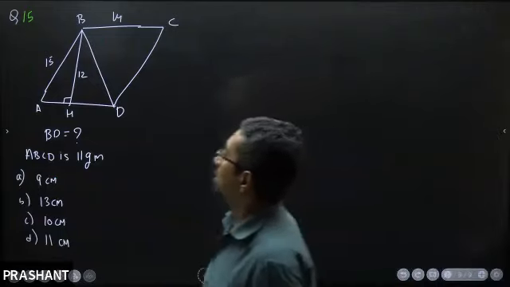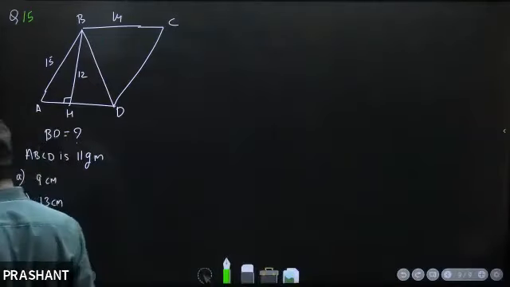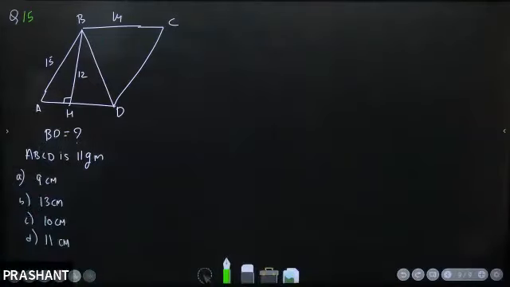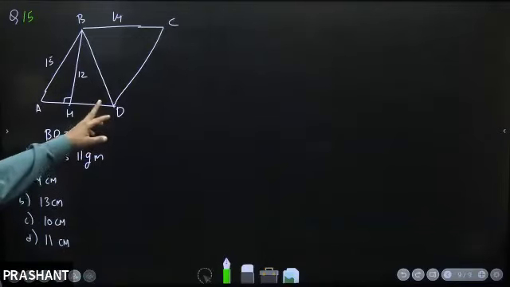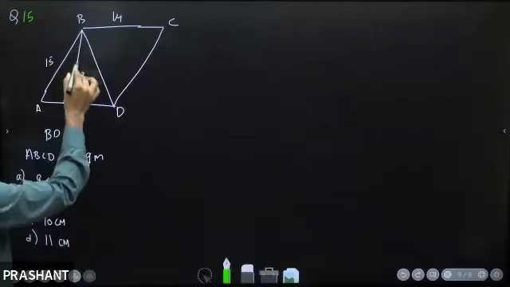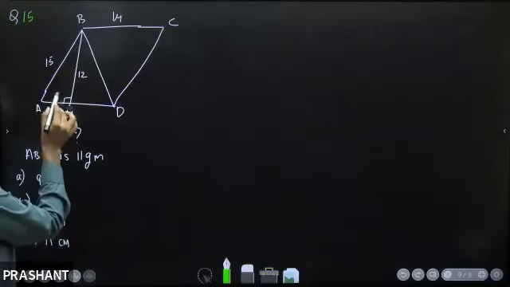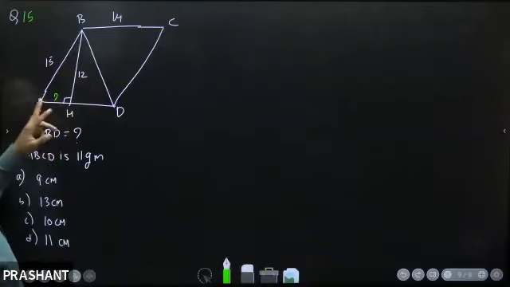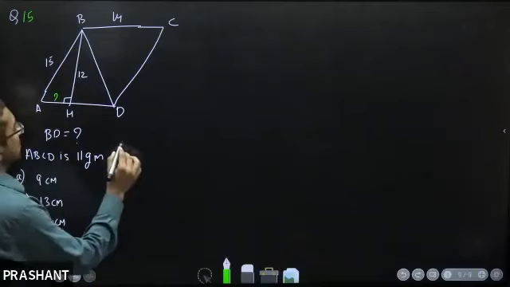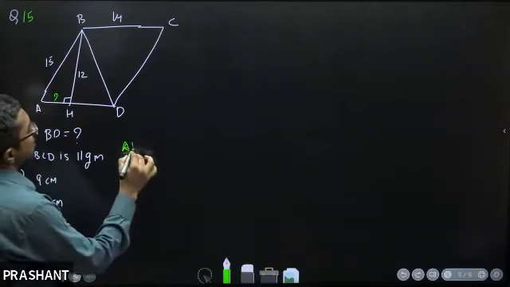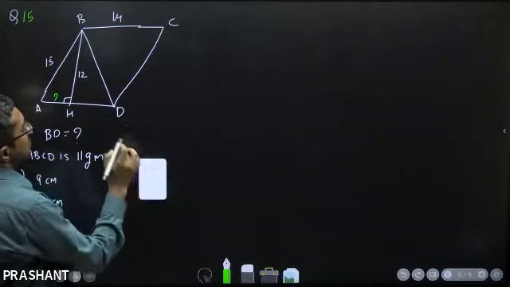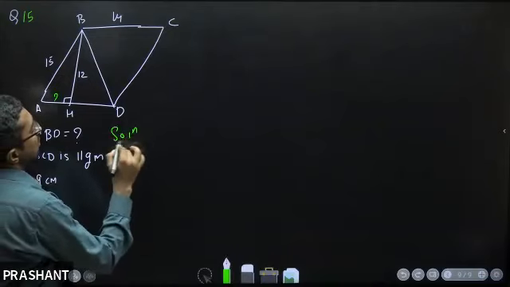Okay, very good. So now how to find out this? We have to find out the length of this diagonal. So हम सबसे पहले क्या कर सकते हैं? ये perpendicular triangle बन रहा है, right angle triangle, so you can find out this value. So this value is nothing but AH. So AH कैसे मिलेगा हमको?